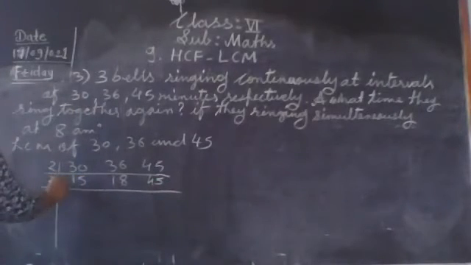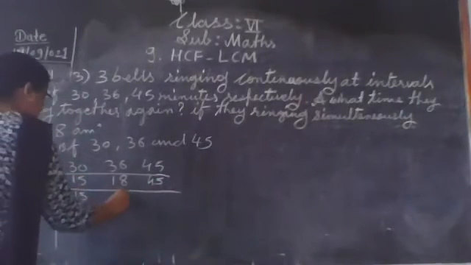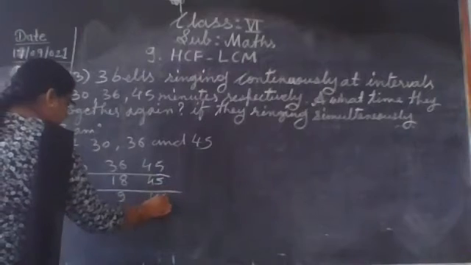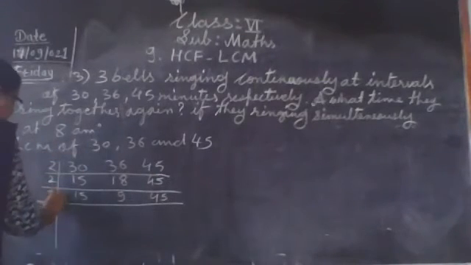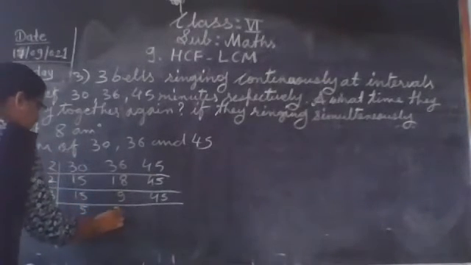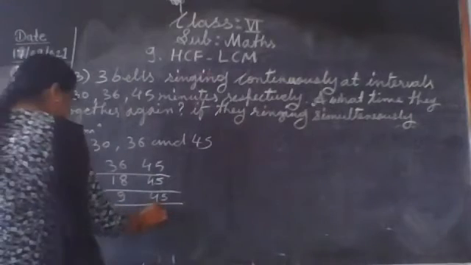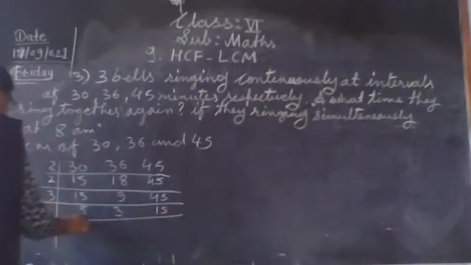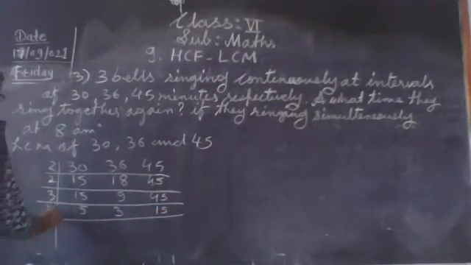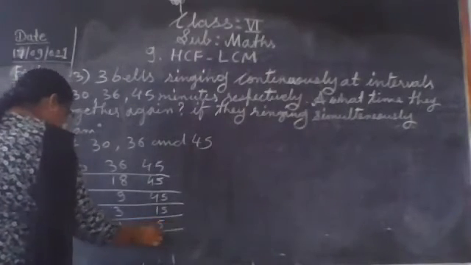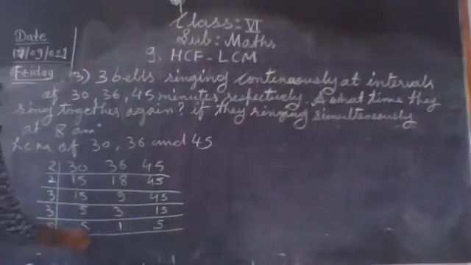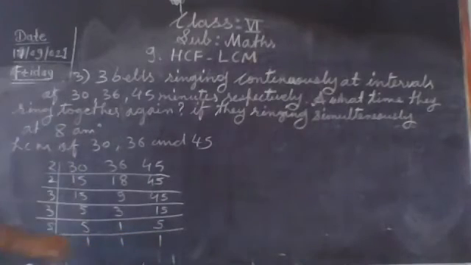Again 18 is even. 2 fifteens, 2 nines, 2 forty-fives. Now see, beta, all are odd numbers, so we will take the next prime number, that is 3. 3 fives, 3 threes, 3 fifteens. Again 3 fives, 3 ones are 3, 3 fives. 5 ones are 5, 5 ones are 5.